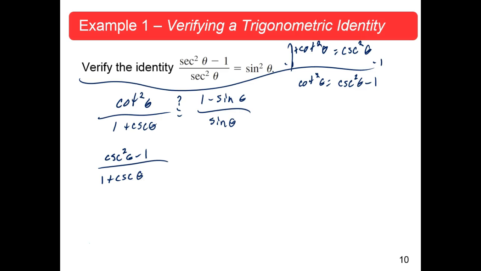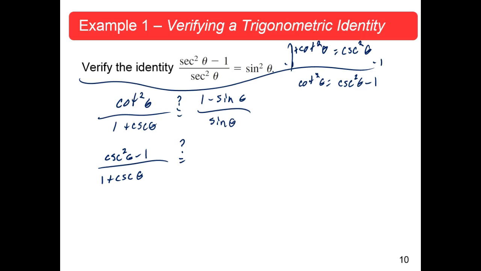Now, you've done something to the left-hand side. Now, they're suggesting we do something to the right-hand side as well. And here's what I suggest, okay? Again, you have a binomial in the numerator, a monomial in the denominator, so why don't you split this fraction into 2 fractions, right?